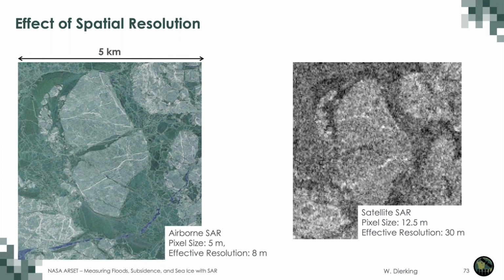Some of the ridges are easy to see, and some of the open water areas or thinner ice areas we can observe. But of course, these airborne missions with very high resolution cover a much smaller area. So when we want to do operational ice monitoring, we need a balance between coverage and resolution.